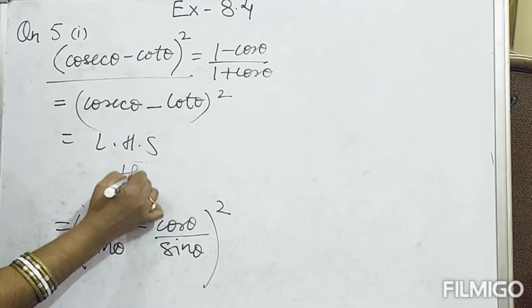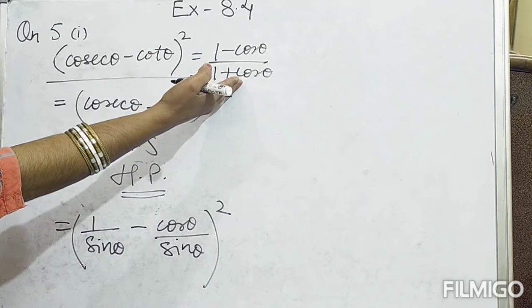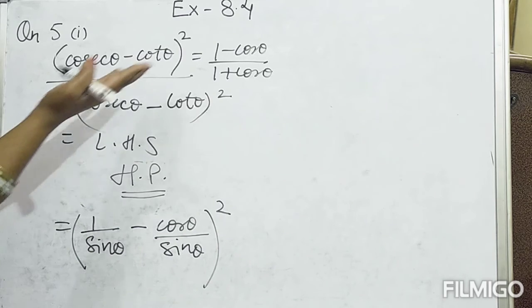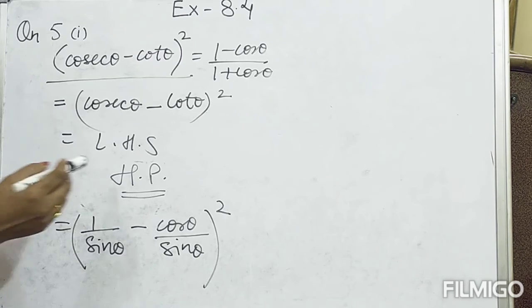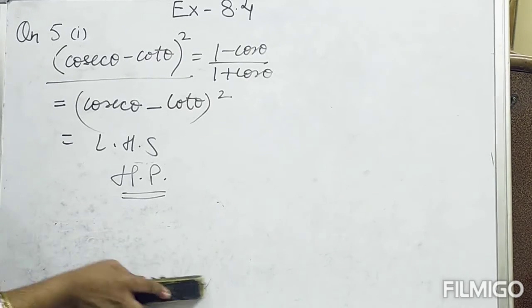So we have proved the identity. I started with the right hand side, I applied some operations, and now the answer of the right hand side is equal to the value of the left hand side, and that's why I have written here the question is proved. So this is our question. Okay.